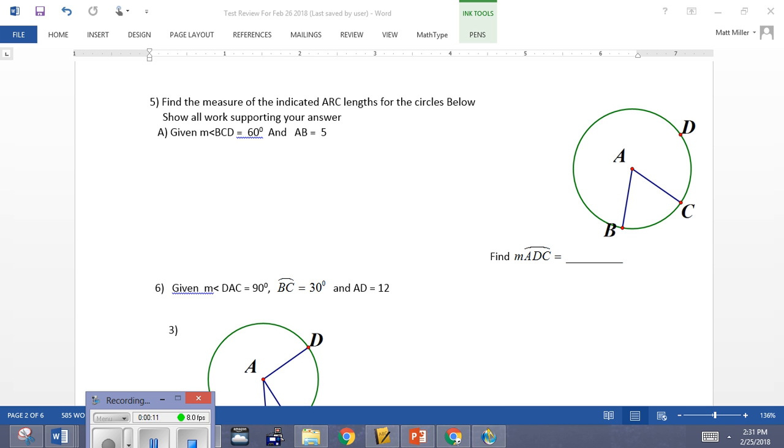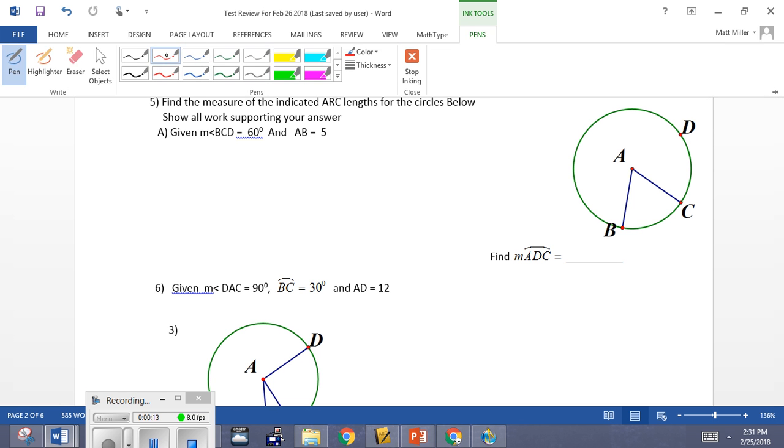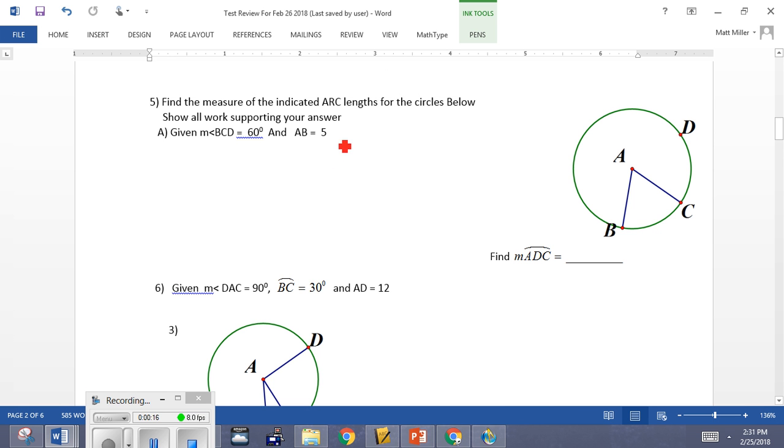Remember, arc length is a fractional part of the circumference, which means it is given by this formula: an arc measure, let's just say some arc measure AB over 360 times 2 pi r.